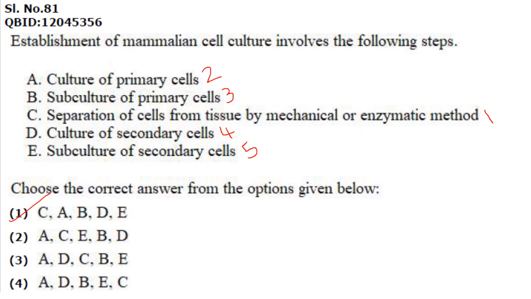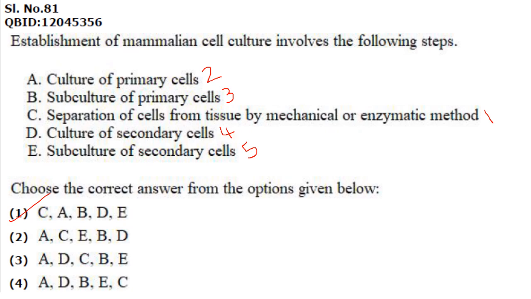Then next one. Establishment of mammalian cell culture involves the following steps. Choose the correct answer from the options given below. Culture of primary cells, subculture of primary cells, separation of cells from tissues by mechanical or enzymatic method. That is the first thing that you have to do when you plan to establish a mammalian cell culture. Culture of secondary cells, subculture of secondary cells.